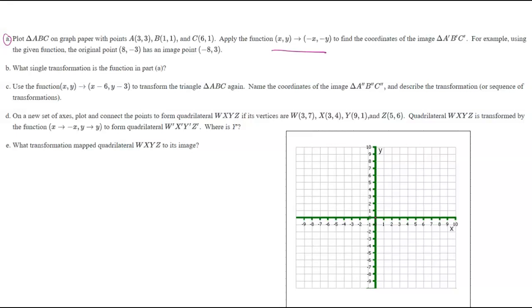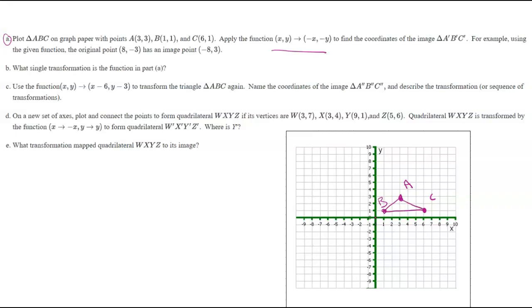A is 3, 3, so that's up there. B is 1, 1. So this is A, and this is B. And then C is 6, 1. So I'm going to connect those points together.